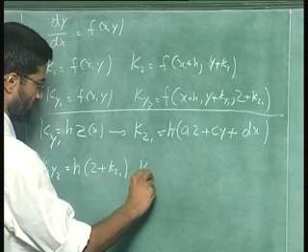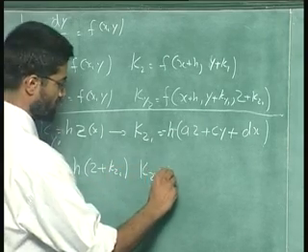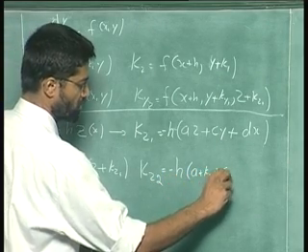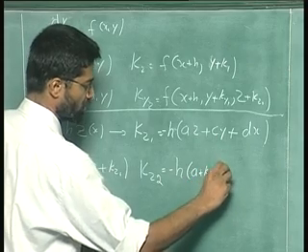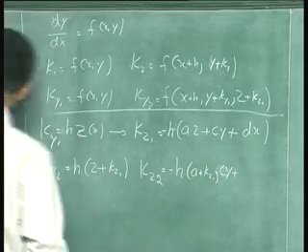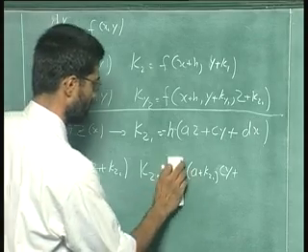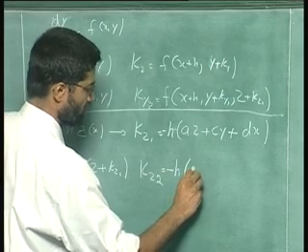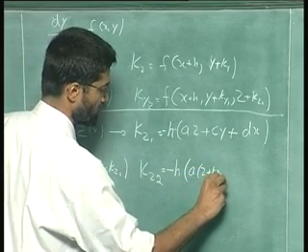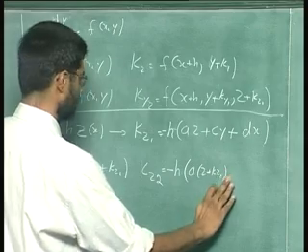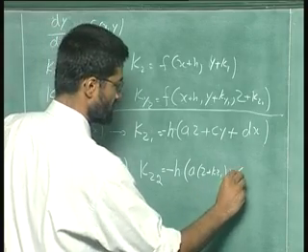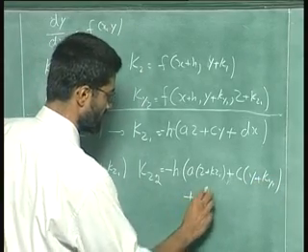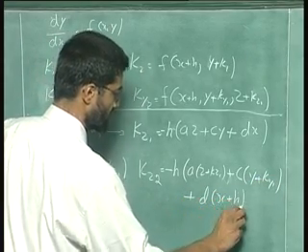And then I can do kz2, which is equal to minus h times a times z plus kz1, plus c times y plus ky1, plus d times x plus h.